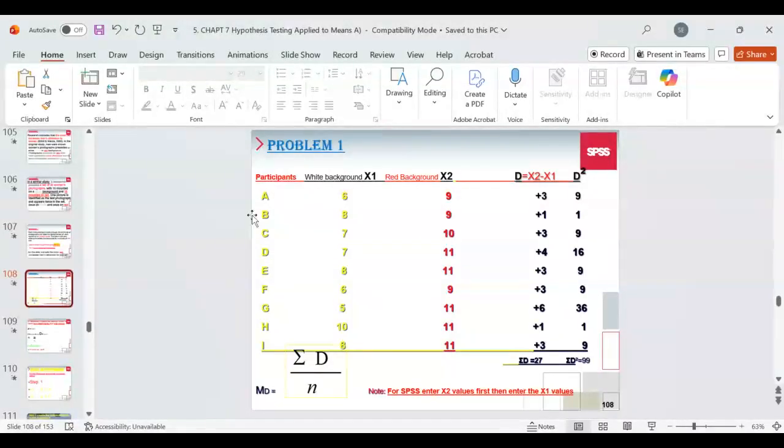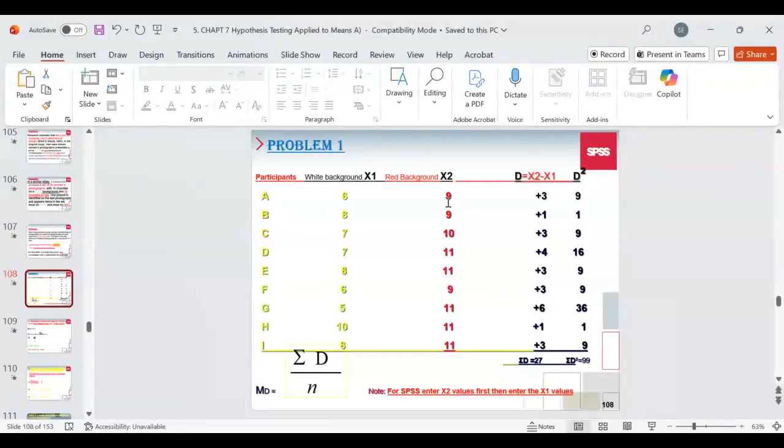This is our hypothesis. This is what we're going to test. Here's our data. You're going to see right there 9 men. We call them Mr. A, B, C, D, all the way. The second column is their score on a scale of 1 to 12 to the pictures with the white background.